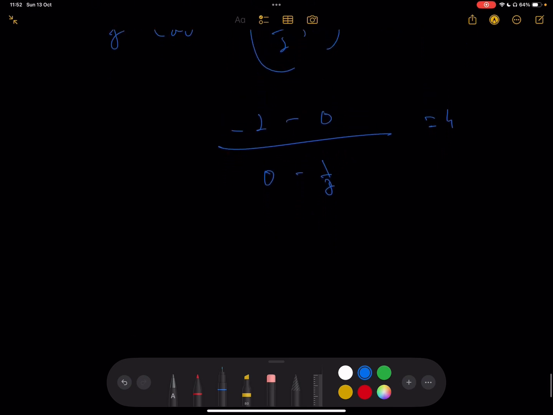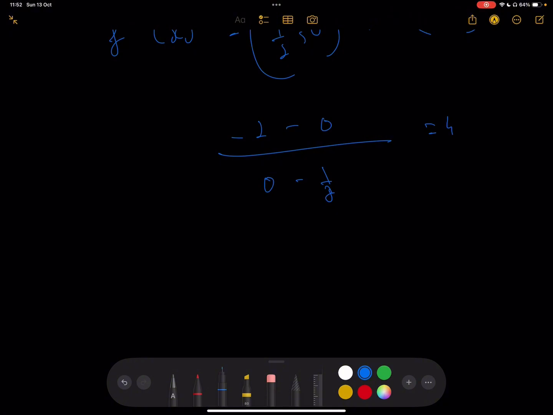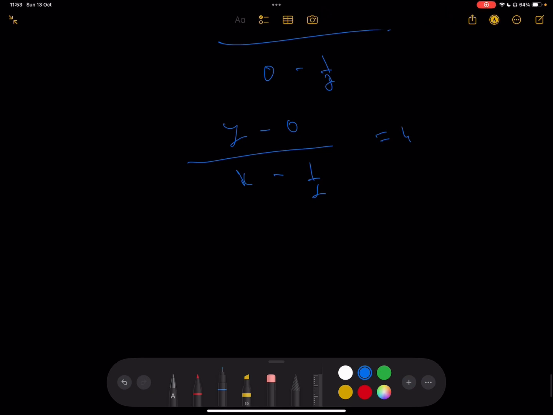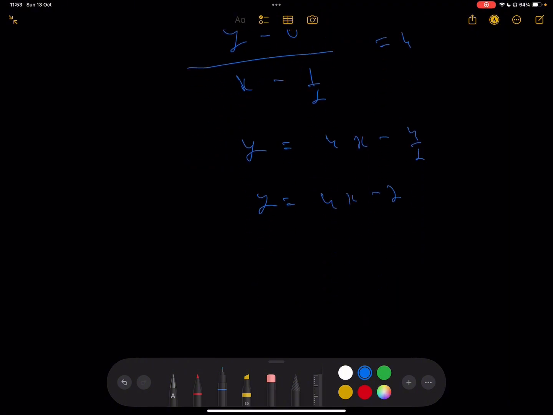Alright, so its equation, in general form, would be (y minus 0) over (x minus a half) is equal to 4. Now we just solve for y, so we get y is equal to 4x minus 4 over 2, y is equal to 4x minus 2. And we know that y is equal to the inverse function of f of x, so we say f inverse is equal to 4x minus 2.